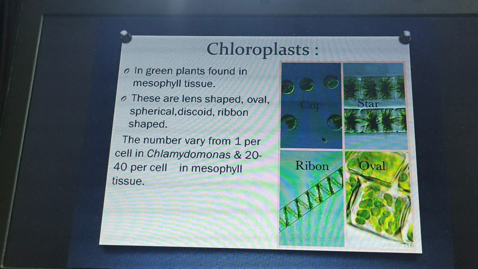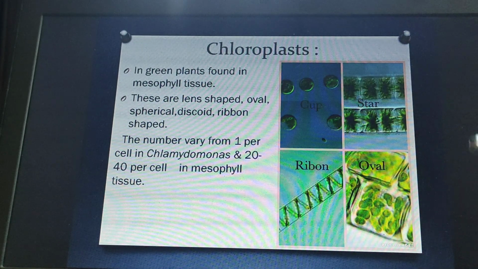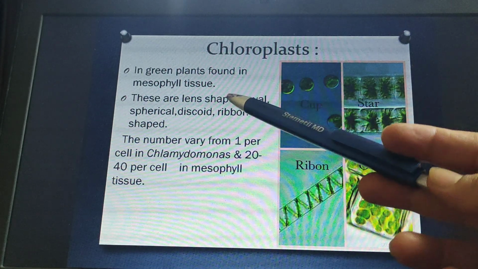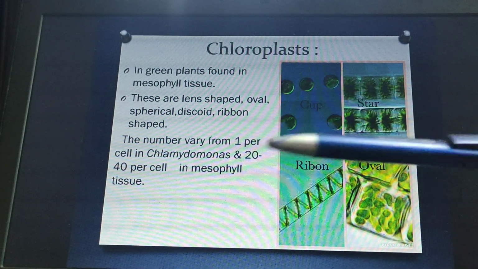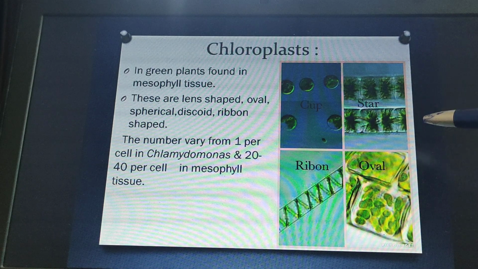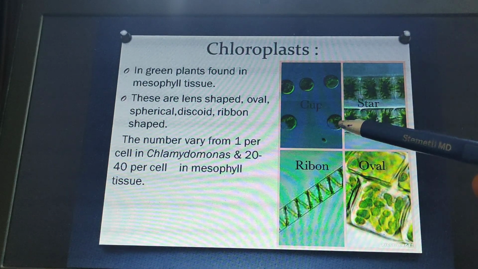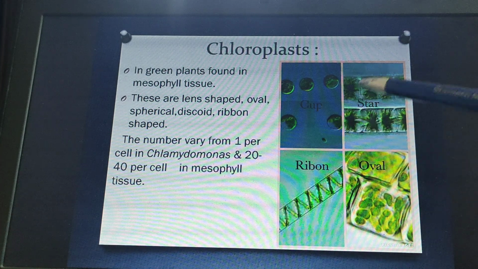So as we have seen, chloroplast is found in the mesophyll tissue in case of the green plants. Their shape varies. We have different shapes like lens shaped, oval, spherical, discoid, ribbon shaped. Here we are having certain examples or the pictures showing the different shapes. The first one is the cup shape, like in Chlamydomonas, which shows the cup shaped chloroplast.